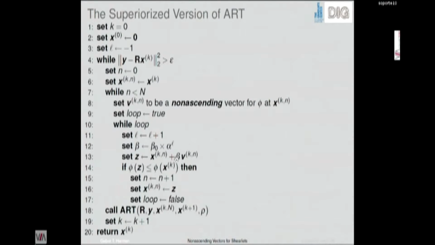And so by the definition of a non-ascending vector, eventually in the inner loop, I will get to a z where phi z is not greater than phi xk. So I keep going around until I find such a thing where phi didn't get increased, and I'm guaranteed that I get out of this inner loop if I have a non-ascending vector.